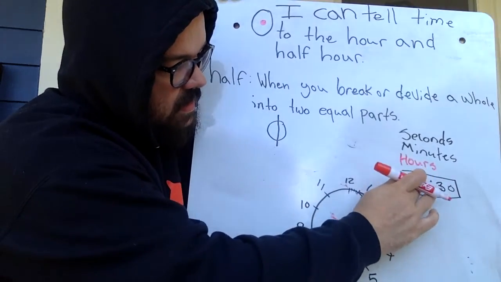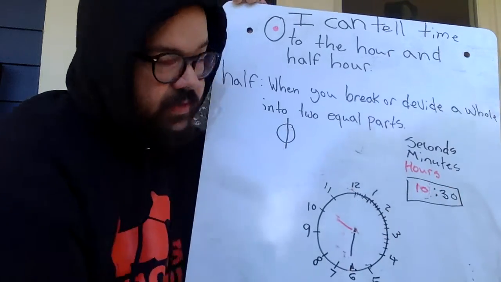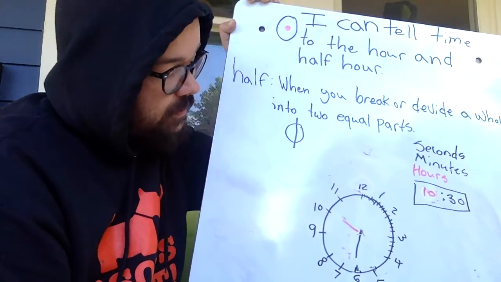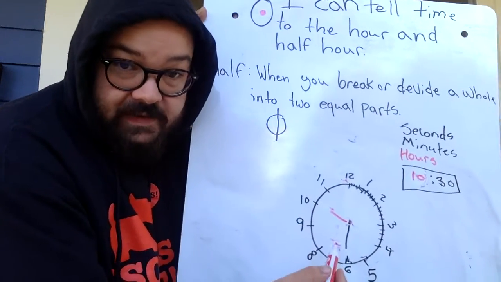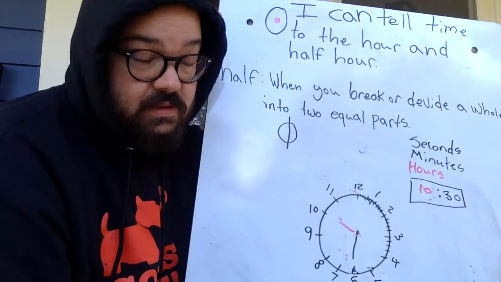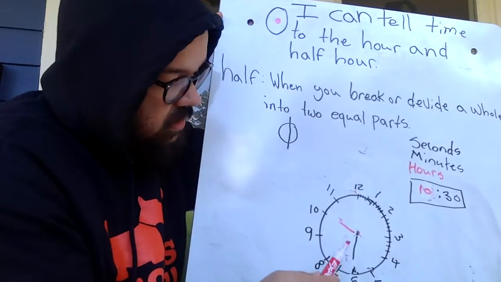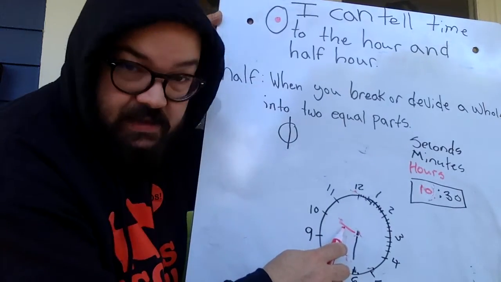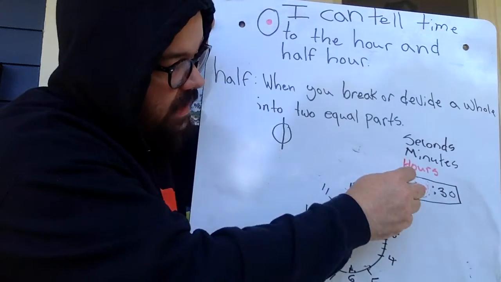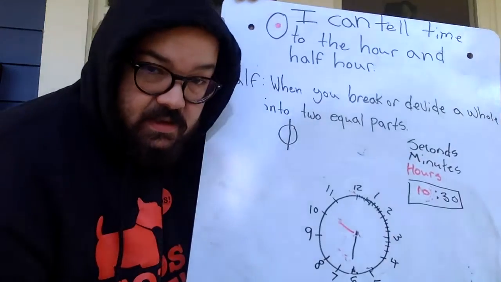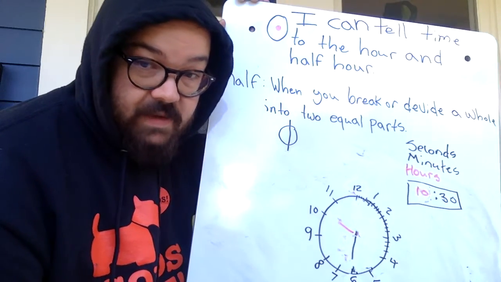That's right. 10:30. So remember, when you see one of these old-fashioned clocks like Mr. Lee wears on his wrist, and we've got the two hands, the hour hand, remember, hours, and the minute hand, minutes. When we see minutes, we count by fives.